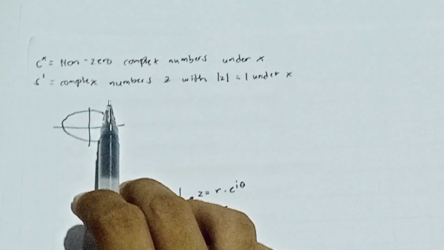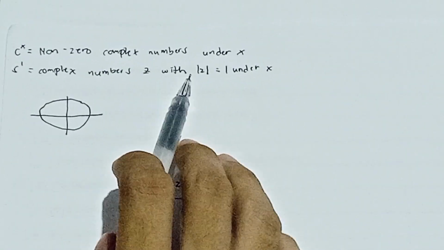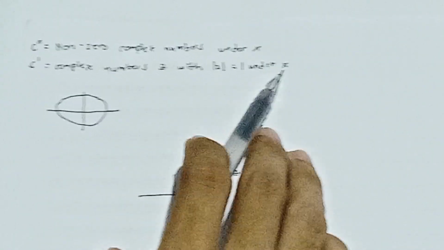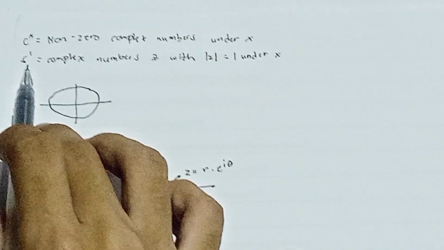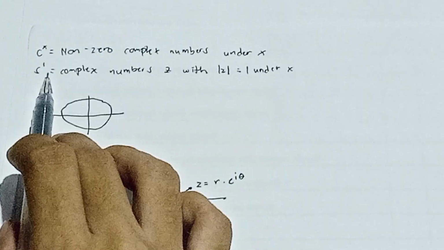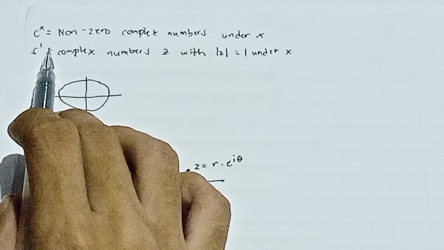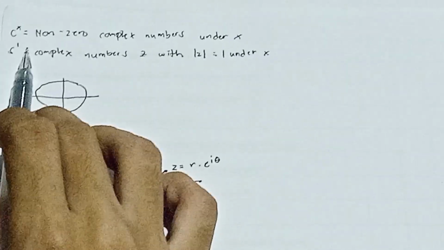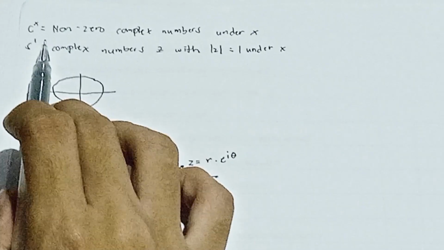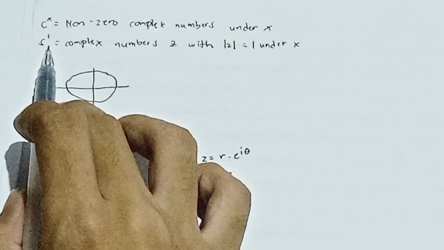And consider complex numbers z with absolute value of z equal to 1 under multiplication. We denote this group by S to the power of 1. This is standard notation when talking about n-dimensional spheres. The S is short for sphere and the 1 tells us the dimension.